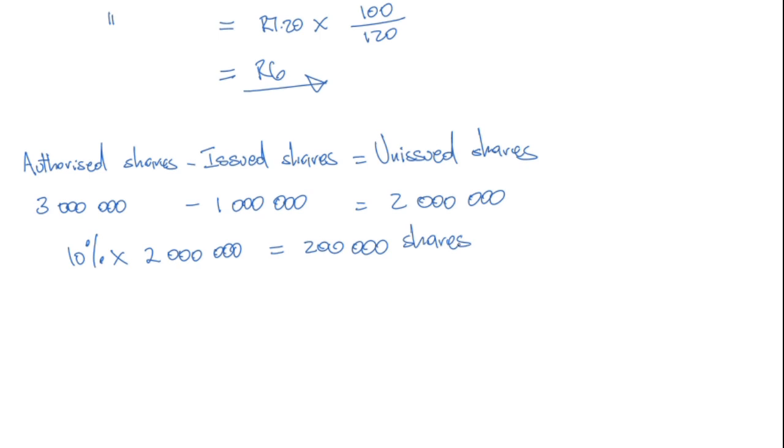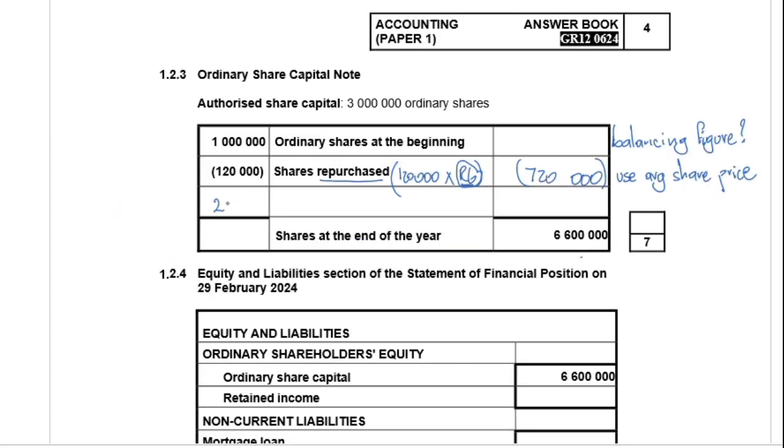So now we can fill that information into our share capital note. Now we can calculate the total number of ordinary shares in issue at the end of the year as 1 million ordinary shares minus 120,000 shares plus 200,000 shares gives us 1,080,000 shares.